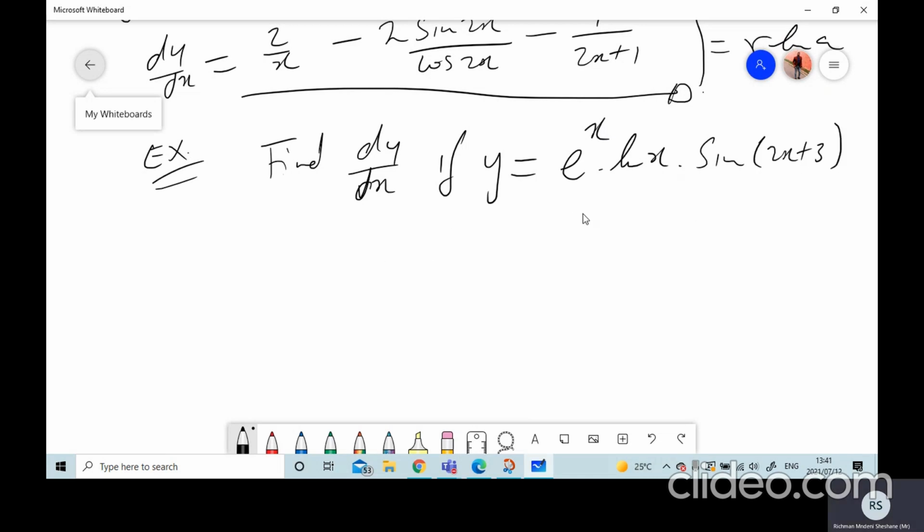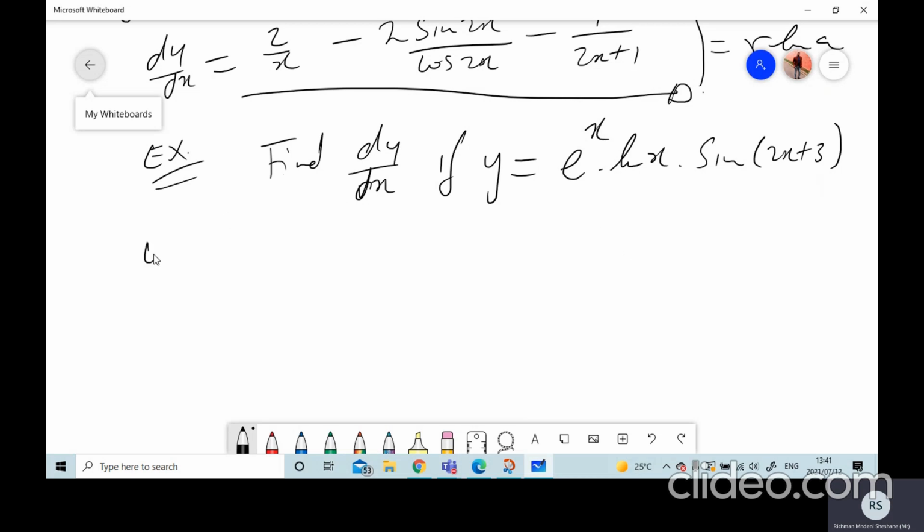You see here, ln is not given, and you see your function y, it's a product of more than two functions. As you can see, how many functions? 1, 2, 3 functions. So we need to apply the log properties.